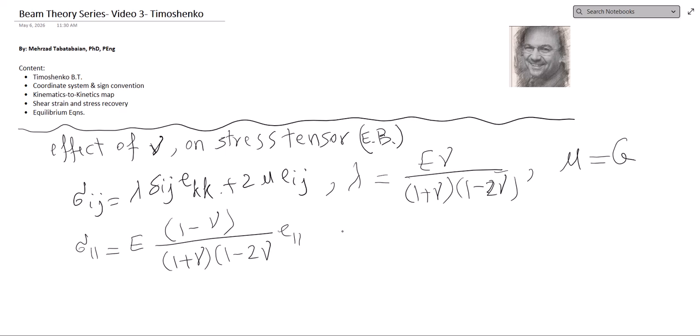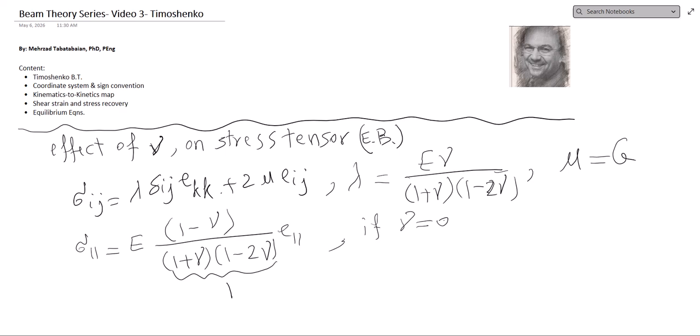If I consider mu equal to 0, this becomes 1, and then we get E11 for sigma 1. So basically, in that treatment, I ignored the effect of Poisson ratio, which is a reasonable assumption.